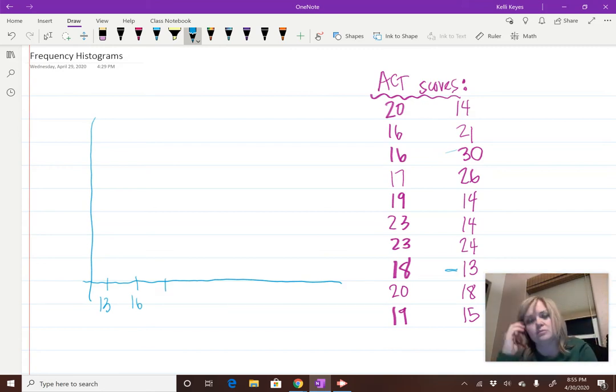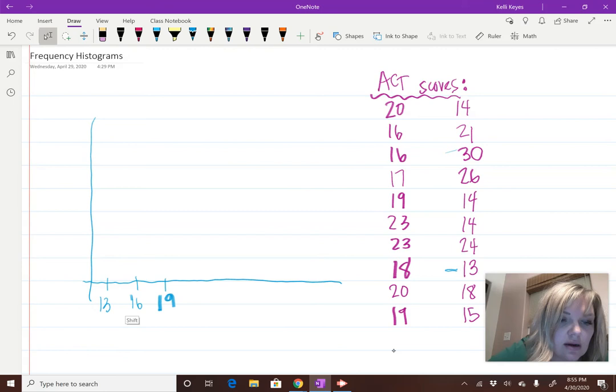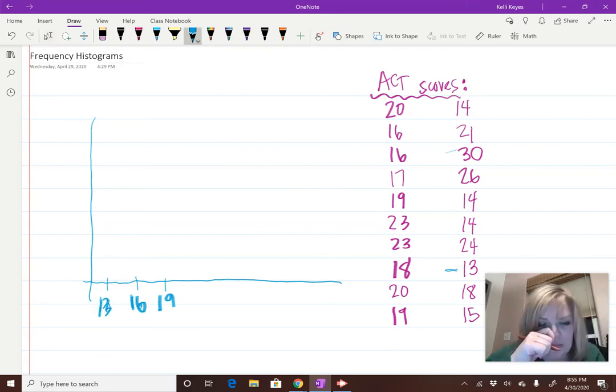When you actually draw your histogram, try to use graph paper, or if you want to make it in Excel or Google Sheets or whatever program, that's totally fine. Just make sure it's neat and organized. So basically not like mine. Mine is what you shouldn't do as far as sloppiness. The math will be right, obviously. Let's hope, this late at night. But I'm just going to go by 3s.